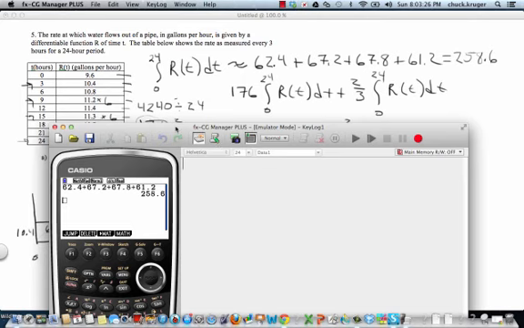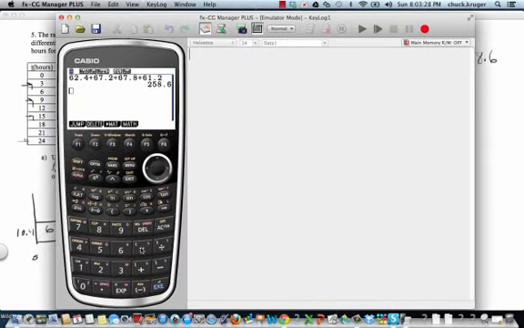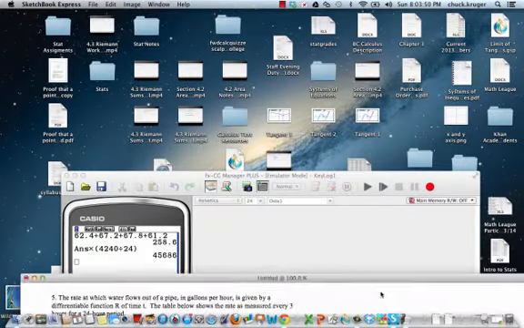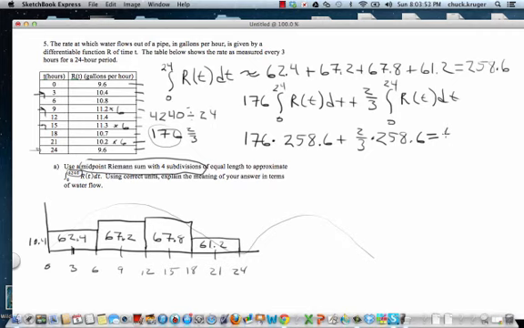I'm going to take and multiply this number times 4,240 divided by 24. That's where I got that 176 and 2/3. And I'm going to come up with 45,686. What? Gallons.